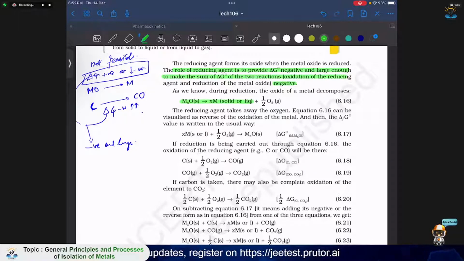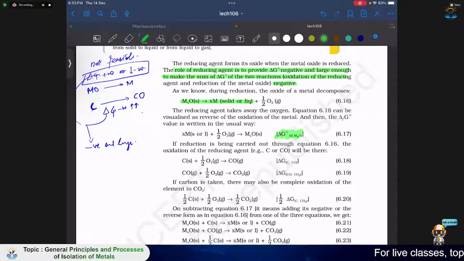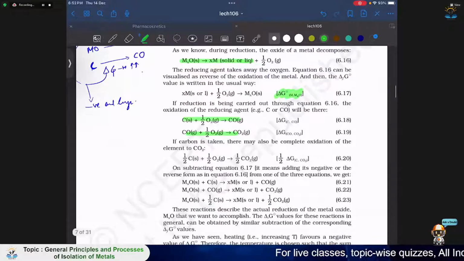The reducing agent takes away the oxygen. It can be visualized as the reverse oxidation of the metal. So the delta G is written as this. Now reduction is being carried out. The reducing agent's equation will be something like this.